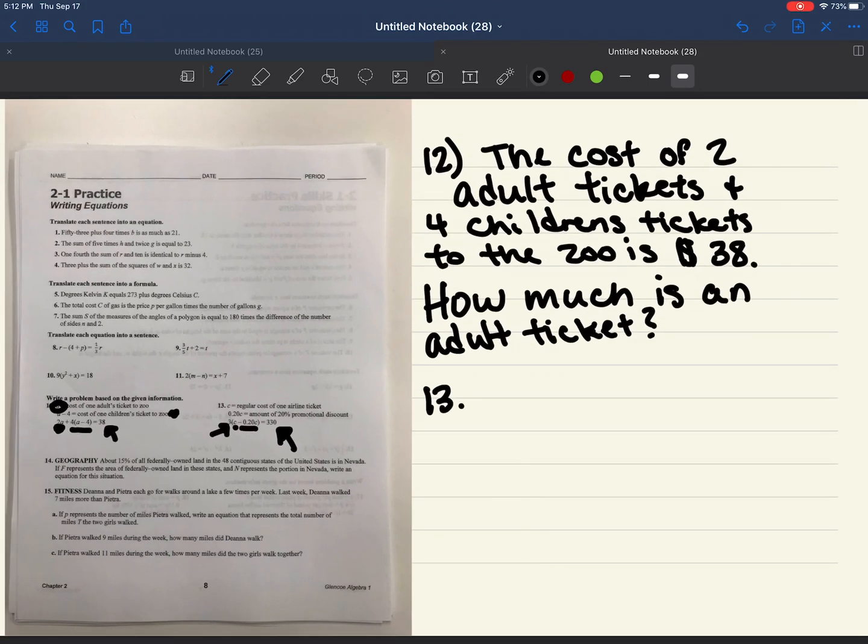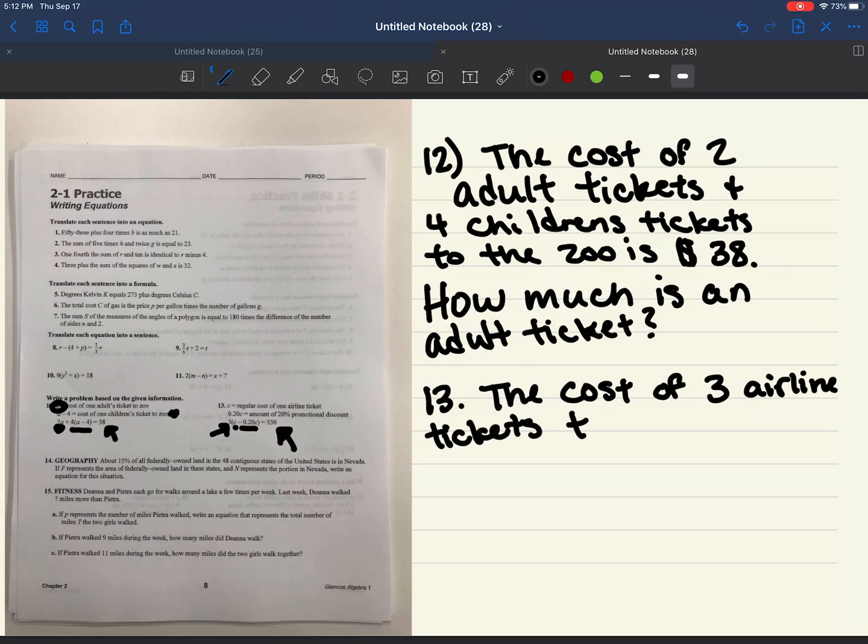$330. Okay, so we're going to say the cost of 3 airline tickets that are discounted at 20%, right? Because just like we talked about, when we subtract that from the regular price, it takes that discount away.